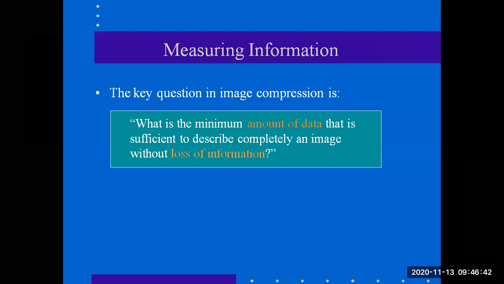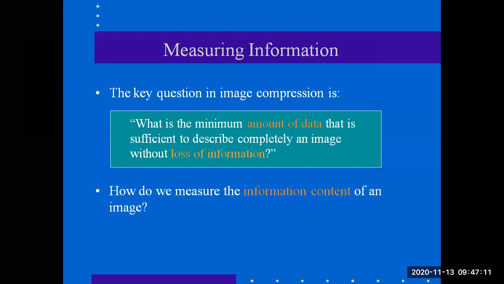In lossless compression, information is preserved, but the compression ratio is very low. But in lossy compression techniques, information may be lost somewhat, but compression is higher. Based on that trade-off, here we require one statement: what is the minimum amount of data that is sufficient to describe an image completely without loss of information?